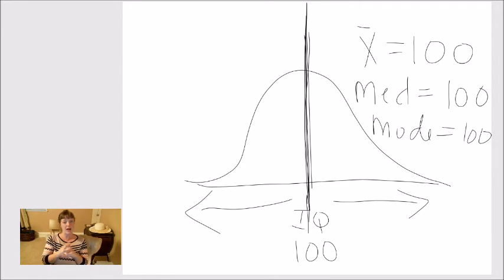Well, the average IQ, the arithmetic mean, is 100. The same amount of IQ will be above and below it. The center value, the same number of people, will be above and below a score of 100. And the most common, the most probable score for IQ is 100. So in any bell-shaped normal distribution, the mean, median, and mode are exactly the same.